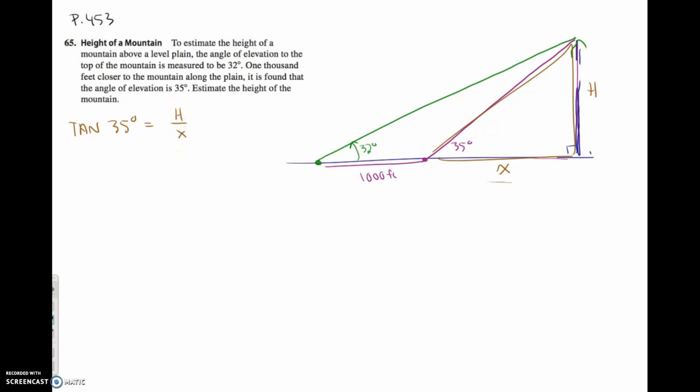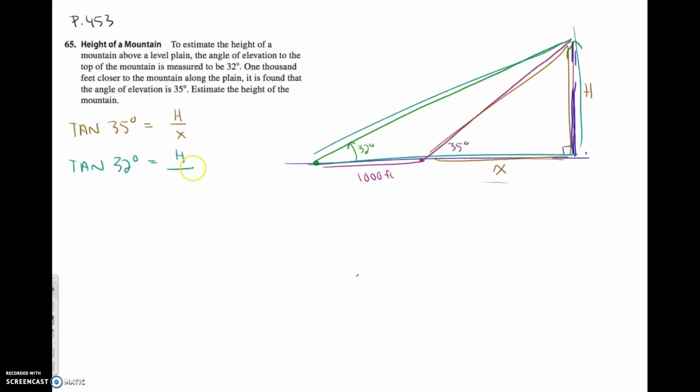So there's one equation, and then the other equation is going to be looking at the big triangle. For the big triangle, the tangent of 32 degrees is equal to the opposite, which is h, over the adjacent, which is x plus 1,000. So what we have here is a system of two equations with two unknowns, and we should be able to solve it. Okay?